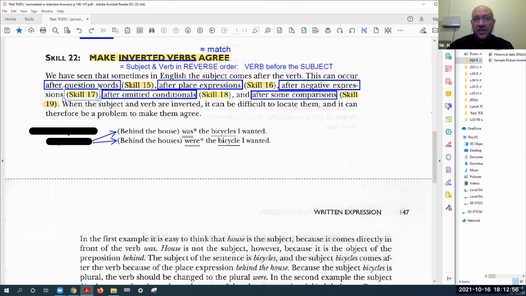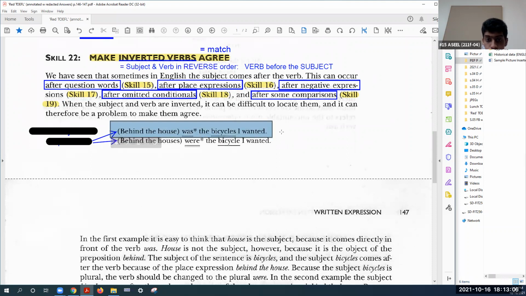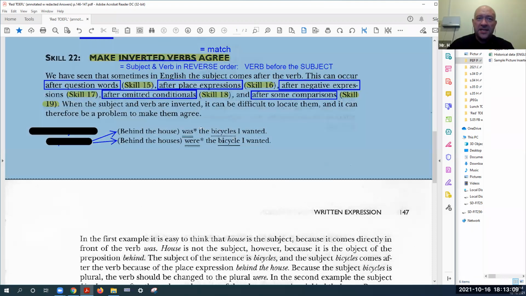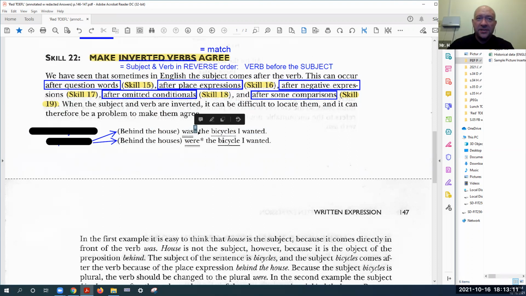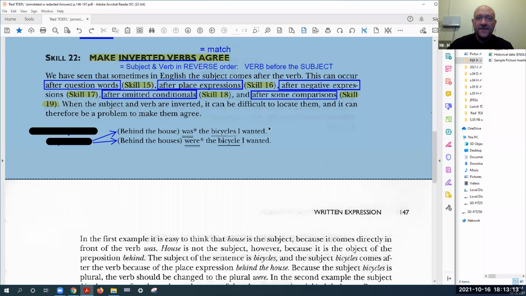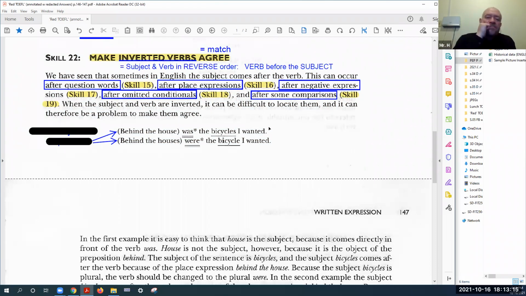All right, Asil, can you read the first example? Behind the house was the bicycles I want. And you see the asterisk here? There's a problem, right? Before you tell me the problem, what comes at the beginning here?